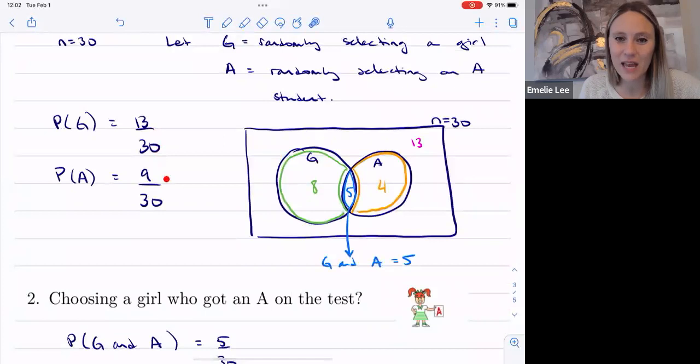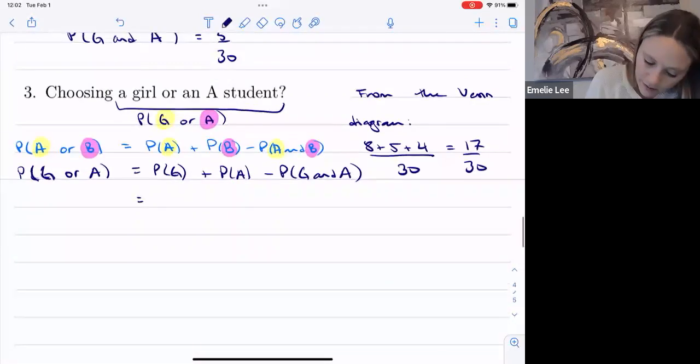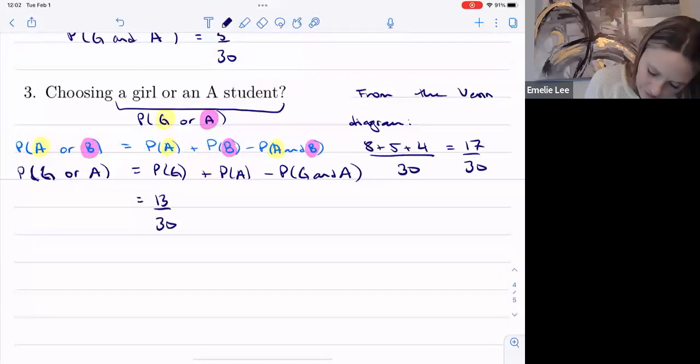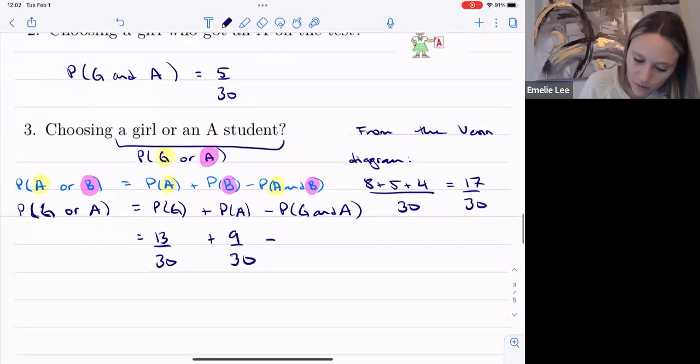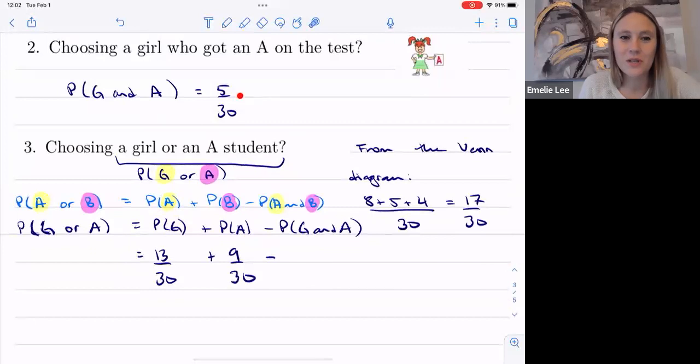I have the probability of A, which is 9 over 30. Minus the overlap, which we were just asked to find, which we said was 5 over 30.